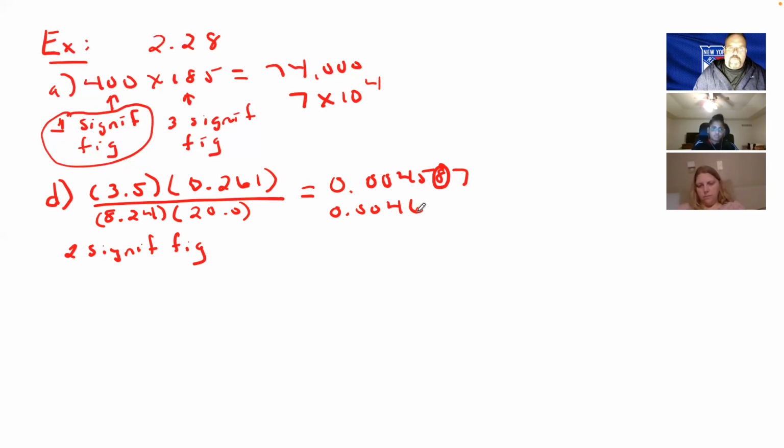So I would come up with 0.0046 as my answer. Again, if you wanted to do numerator, denominator, and then divide the two numbers, just go out a few decimal places, just to be careful of the rounding that you do.